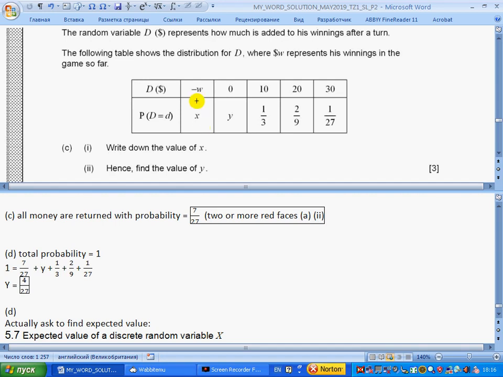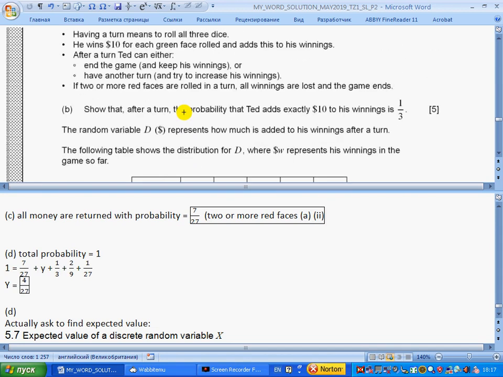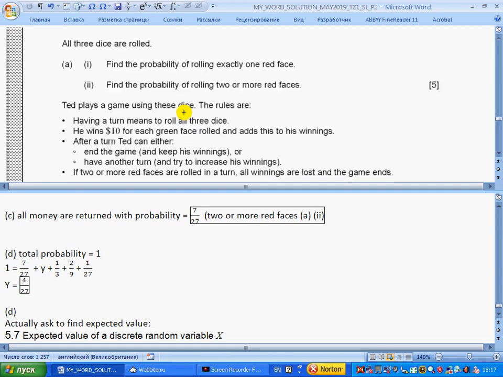So you see minus w, lost all money. This happens when we have 2 or more red faces. So this probability we already calculated, it is 7/27. So we just copy this answer. All money is lost with probability 7/27. 2 or more red faces, it is the answer of part AII.